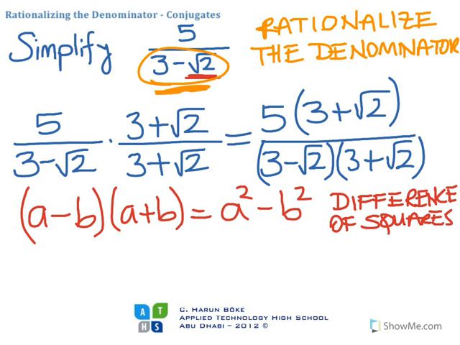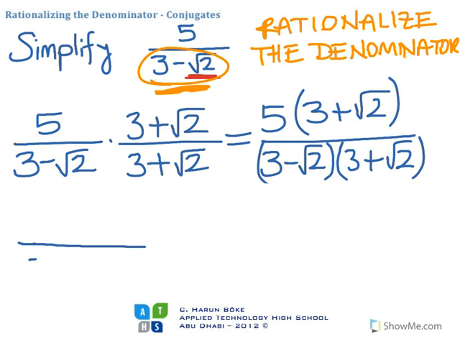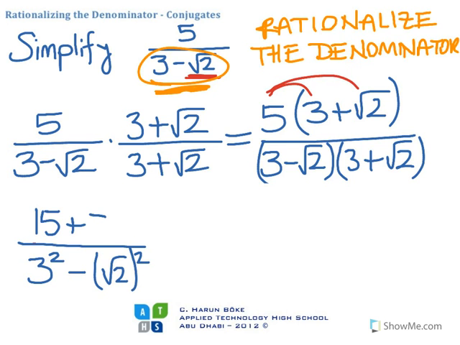So when you multiply 3 minus root 2 and 3 plus root 2, you should have 3 squared minus, because it's the difference of squares, square root of 2 squared. And at the top it is 5 times 3, 15, plus 5 times root 2, which is 5 root 2.